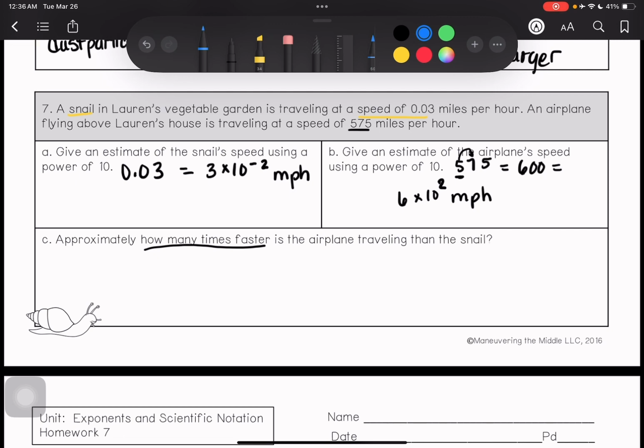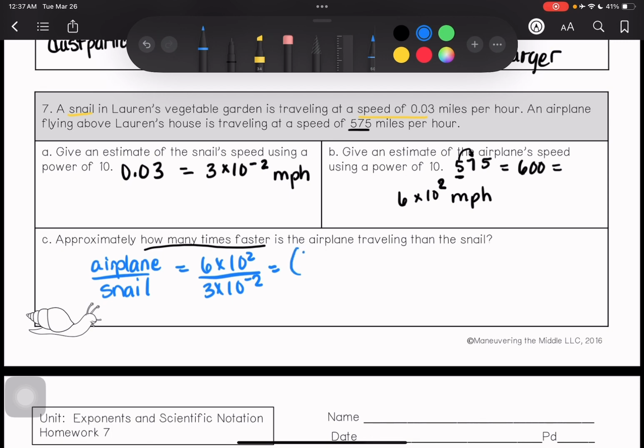So we have the airplane and the snail. The airplane, we already noticed, is 6 times 10 squared. And the snail is 3 times 10 to the negative 2.